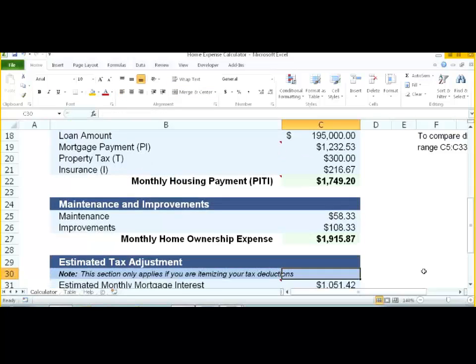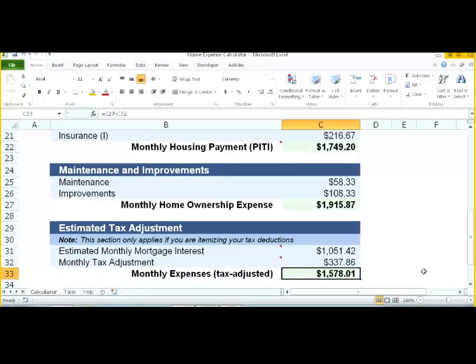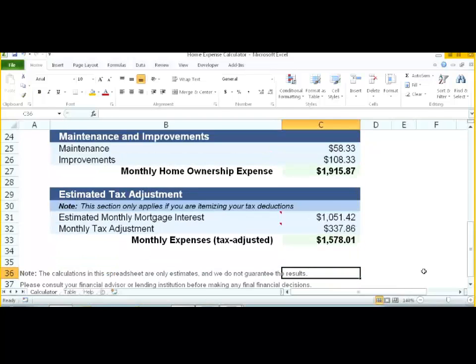So now you make an adjustment to your monthly expenses from a tax perspective, and they're assuming that your itemized deductions that don't include the house payment are as high as your standard deduction. So all of the money that you're paying in interest, you get a tax benefit from it.